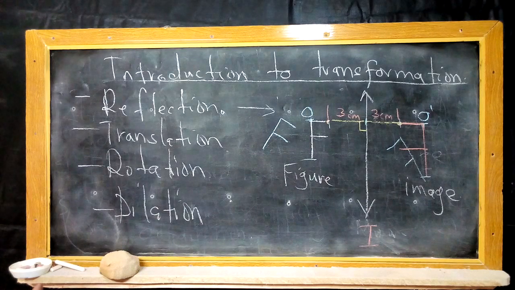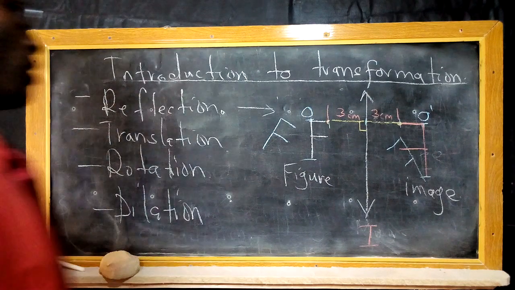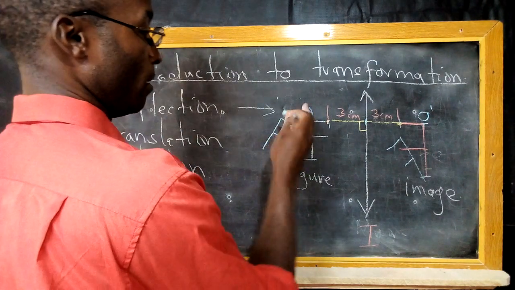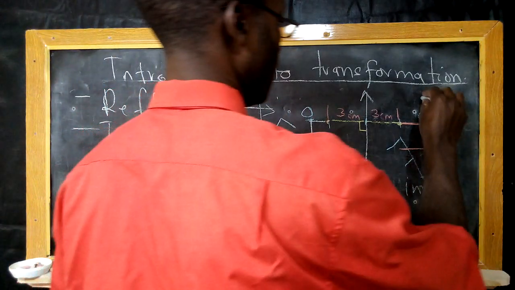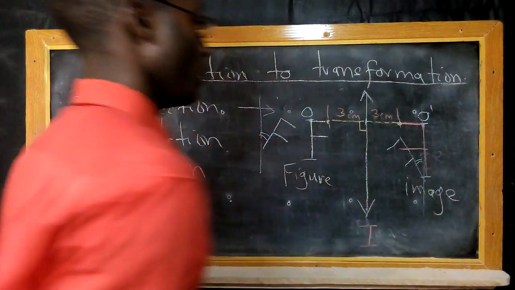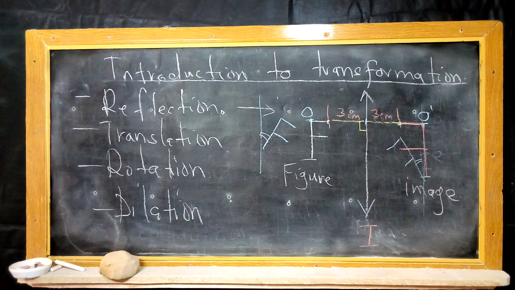And the measurement of the angles is also preserved: if this figure is inclined at this particular angle, then the same inclination will be found there. So for reflection, the length of the sides and the measures of the angles of the image and the object are preserved.